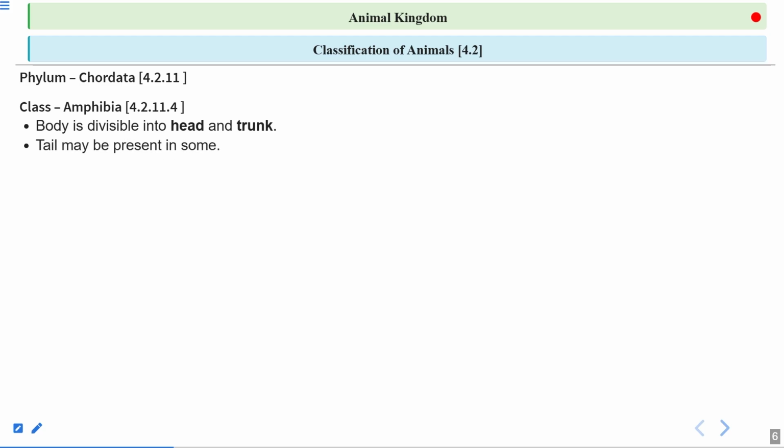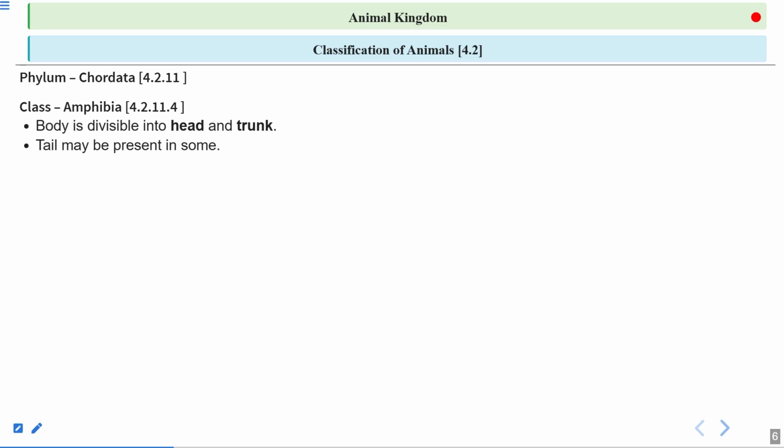A tail may be present in some of the amphibia. In some amphibian organisms, the tail is present.